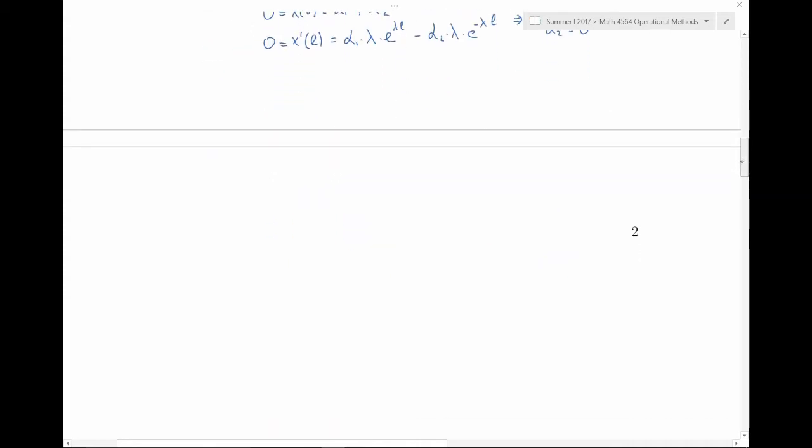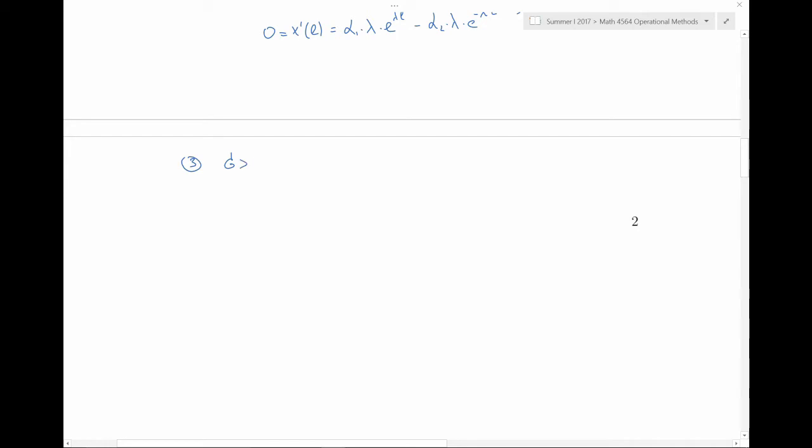The last case, when sigma is greater than 0, we assume that sigma is some lambda squared constant. We get the equation X double prime plus lambda squared X equals 0, which gives us the solution X(x) equals alpha 1 cosine of lambda x plus alpha 2 sine of lambda x.